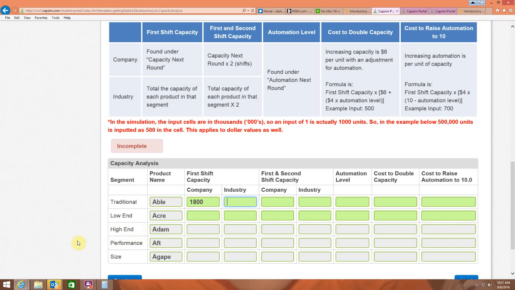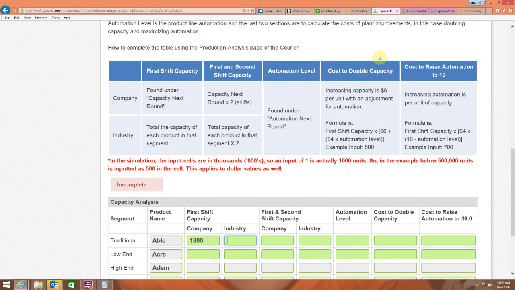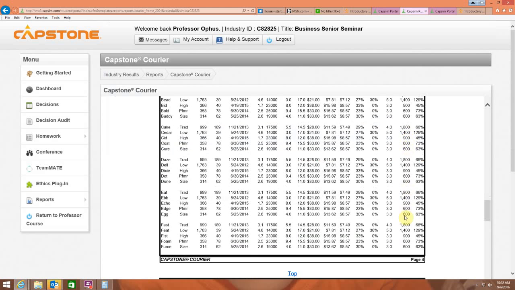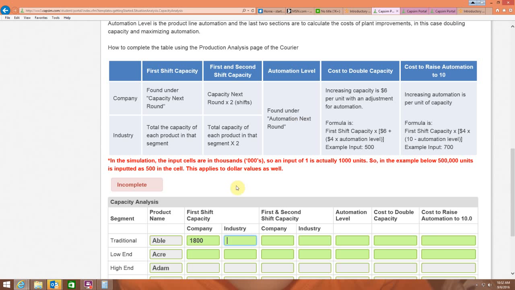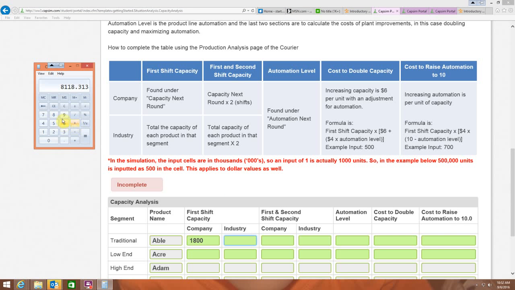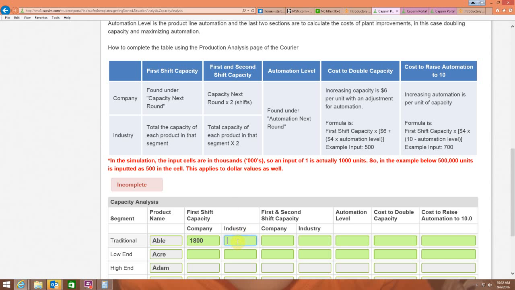Well, there's 6 teams, and we're all going to start the same, so it's 6 times 1,800 equals 10,800.